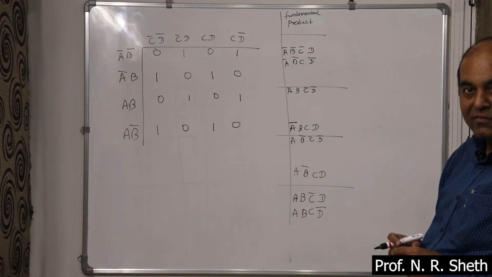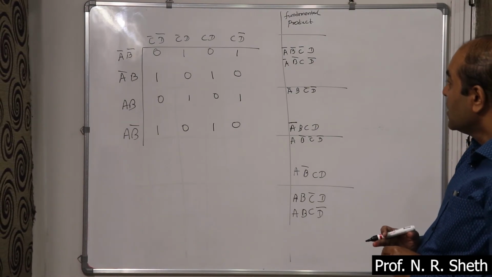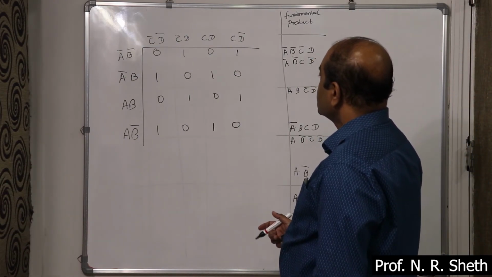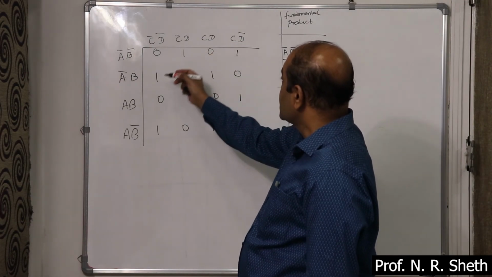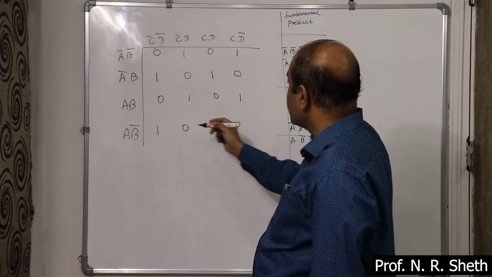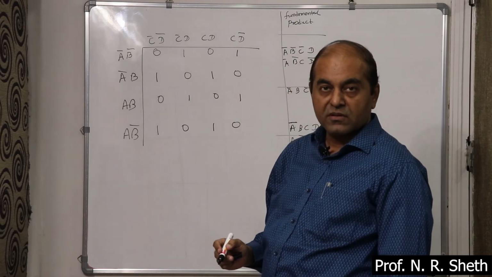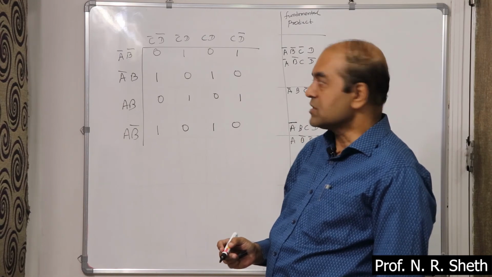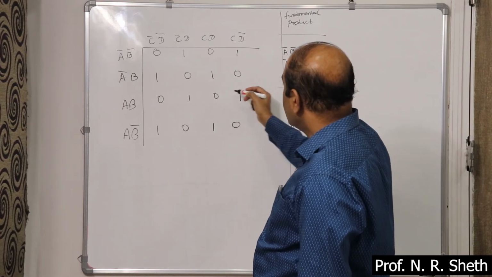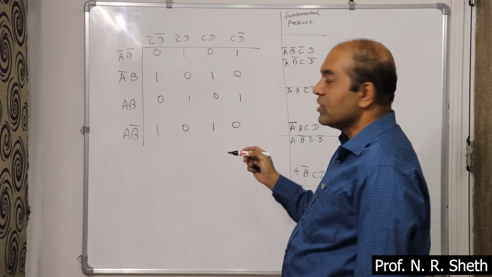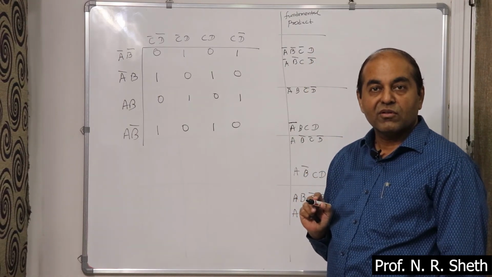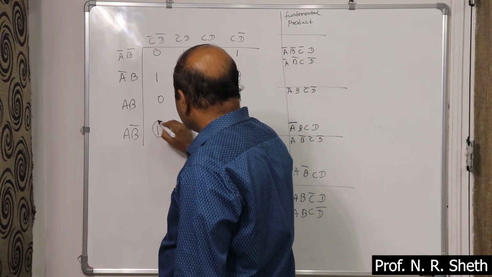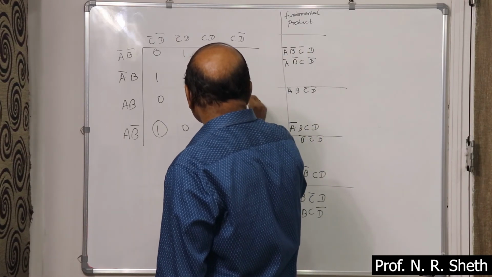Now, in this case, 1, 2, 3, 4, 5, 6, 7, 8 entries are present. But nothing is possible. All ones are isolated. So simply encircle each.